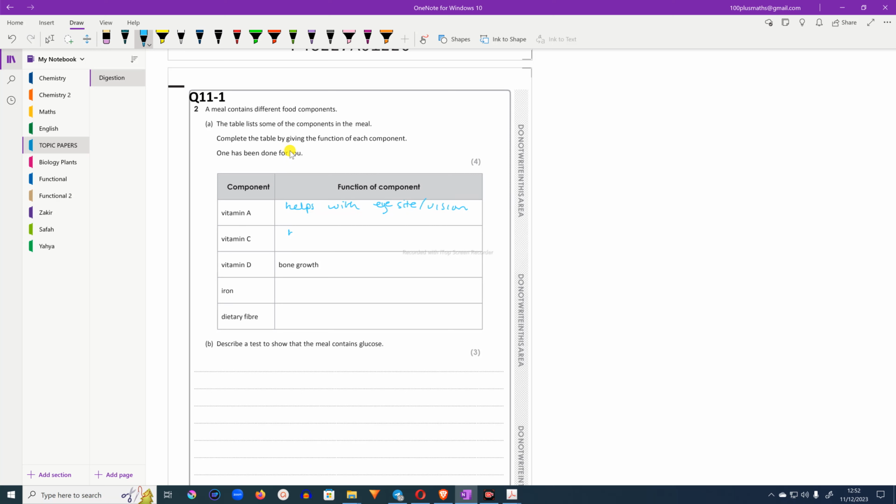It helps join the layers of skin. Basically, it prevents scurvy. Vitamin D is for bone growth. Iron is for red blood cells, right? What in particular? It is used in the making of hemoglobin.